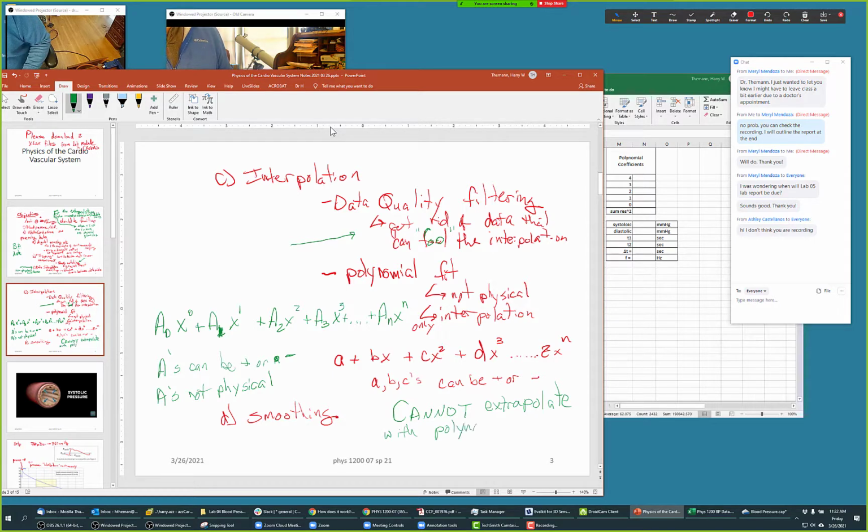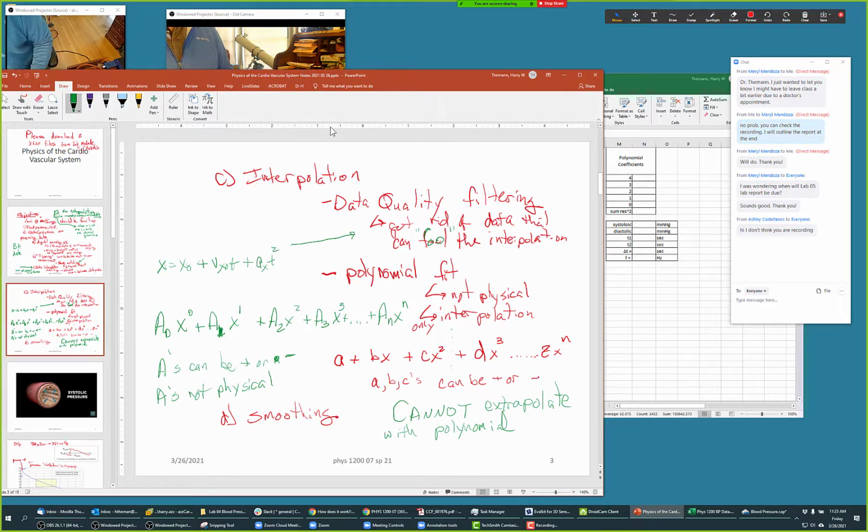Sometimes we do polynomial fits with only a few terms, because if you remember physics 1100, if I go up to x squared, this looks a lot like the kinematics equation, where you have x equals x sub 0 plus v sub x0 times t plus a sub x t squared.